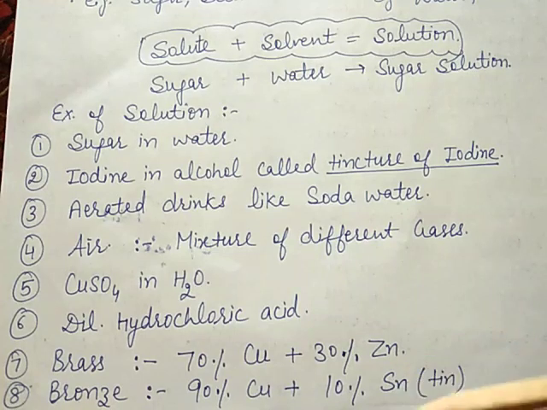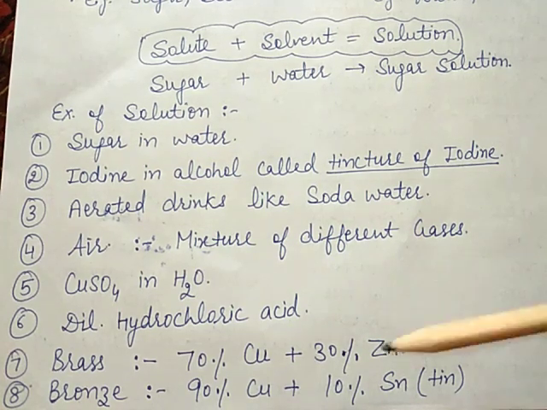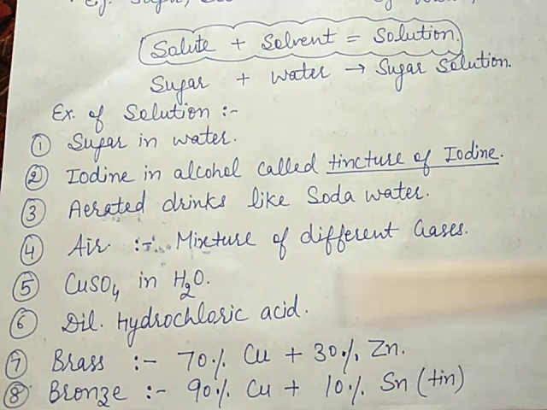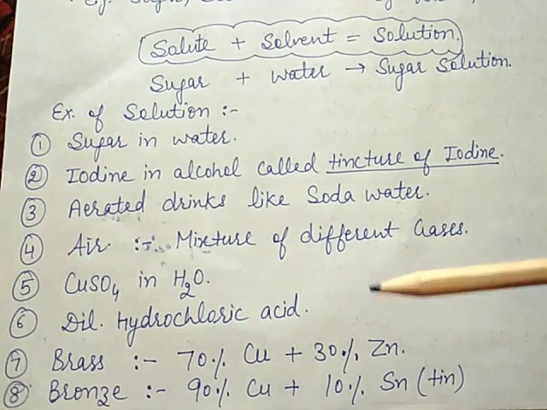Take another example of solder that is made up of 50% lead and 50% tin. It is used in soldering broken pieces. It is also a solid solution. So it is also an alloy. All these are examples of solution.